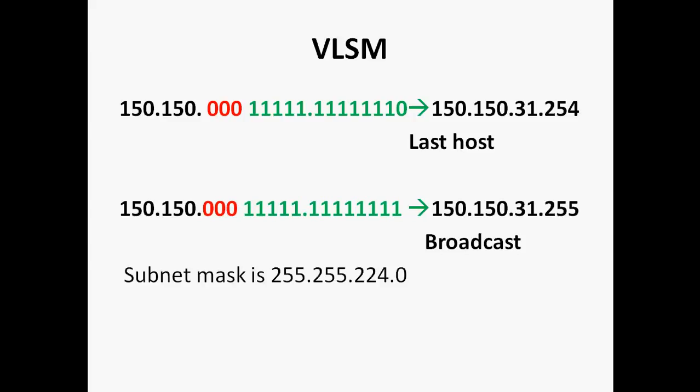In the first octet all 8 bits should be 1, so it should be 255. Next octet all the 8 bits should be 1, so 255. So 8 plus 8 is 16. Remaining third octet 3 bits, so 128, 64, 32. You can add these values, and you will get 224.0 as the subnet mask for the office 1 network.